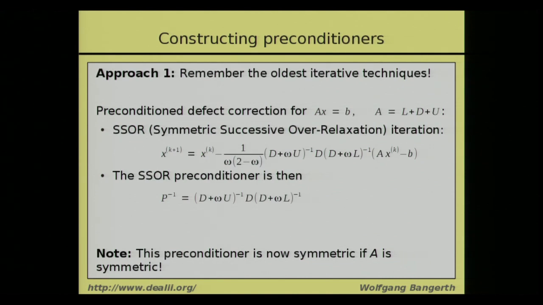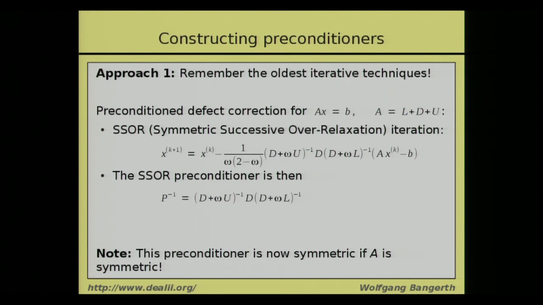A typical over-relaxation factor in SSOR, by the way, would be 1.2. If you just choose 1, then you get something like a symmetric Gauss-Seidel. If you choose omega greater than 1, then you end up with a successive over-relaxation method.